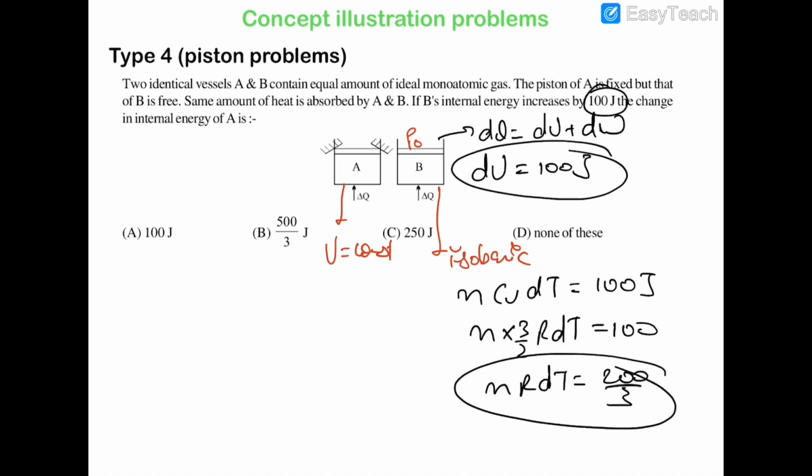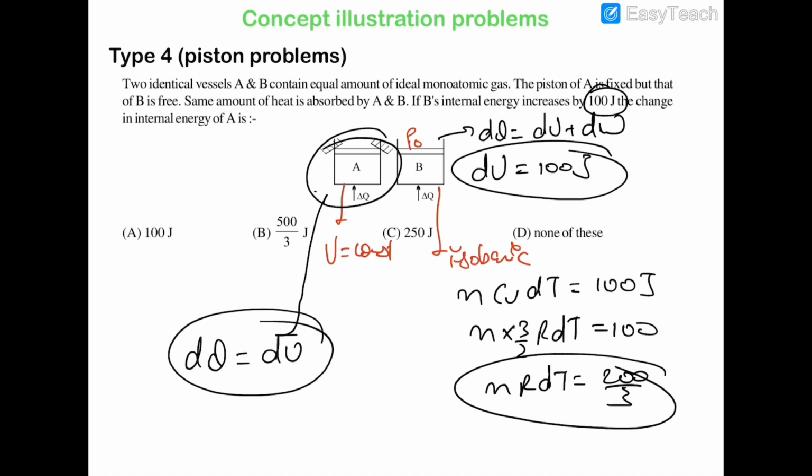Now if we check out the other process, in that process the heat supplied to the gas is equal to dU completely, and the heat supplied in both of them is the same. So if we calculate the heat supplied in the second process, dQ will be equal to nCp dT, and in this process Cp is 5/2 R because it is a monatomic gas, so 5/2 R and dT.